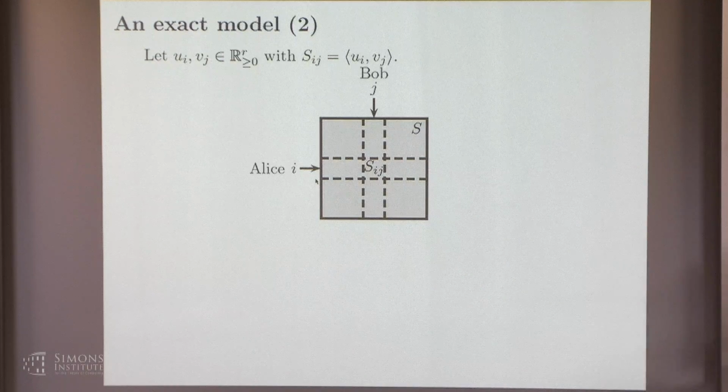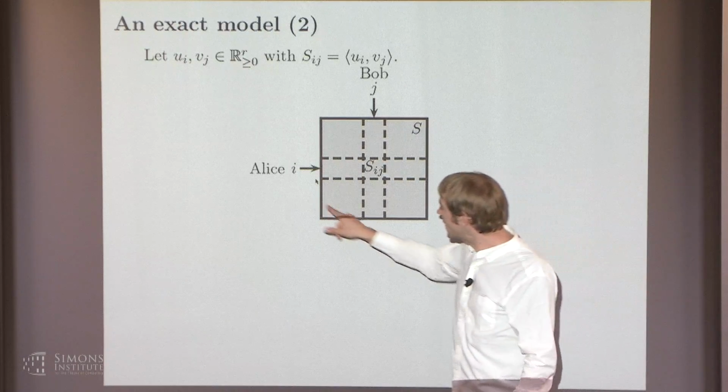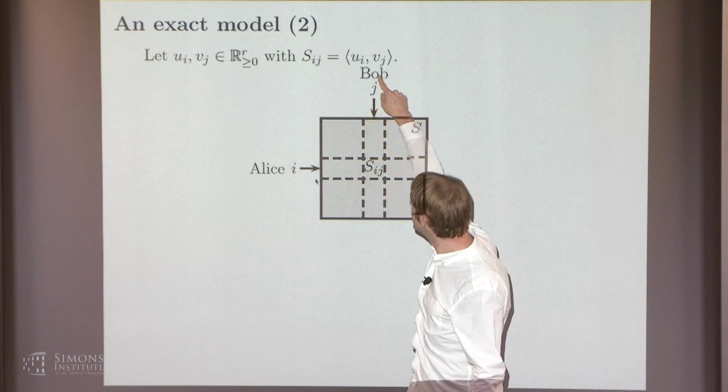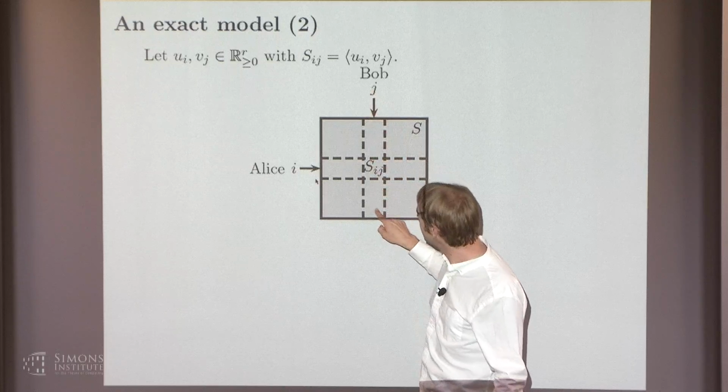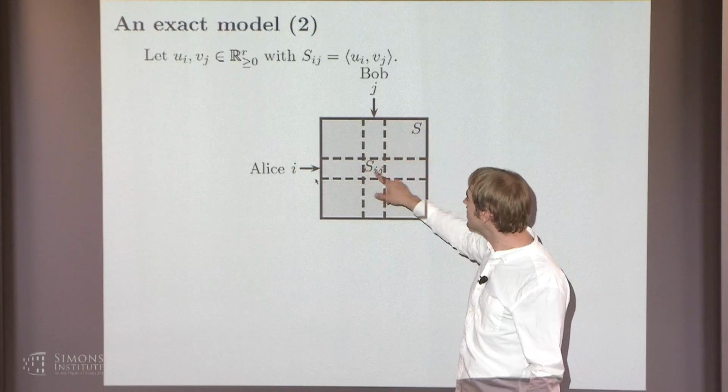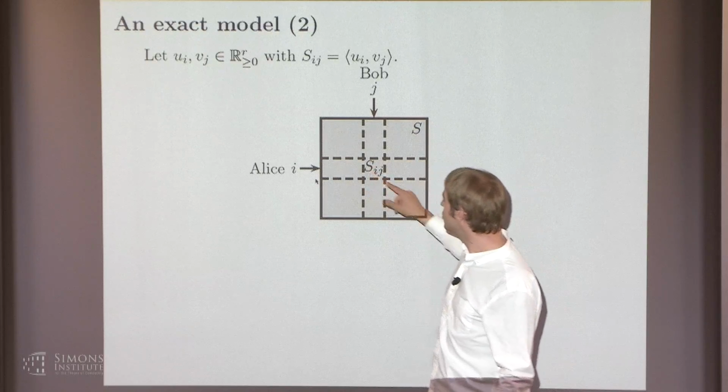Now I have to show you how I can get a log R protocol out of that which does the right thing. Alice just knows the row of the slack matrix. Bob knows the column of the slack matrix. They have to compute this entry in expectation, and they have randomness, and they should only use log R bits.